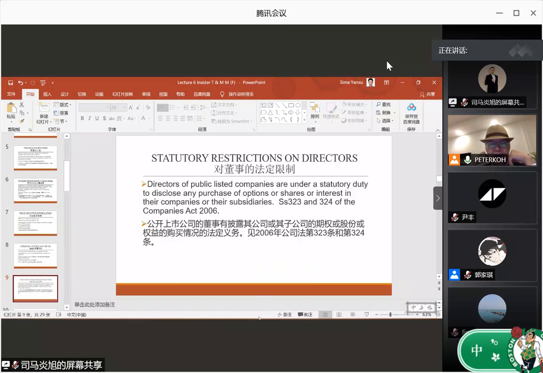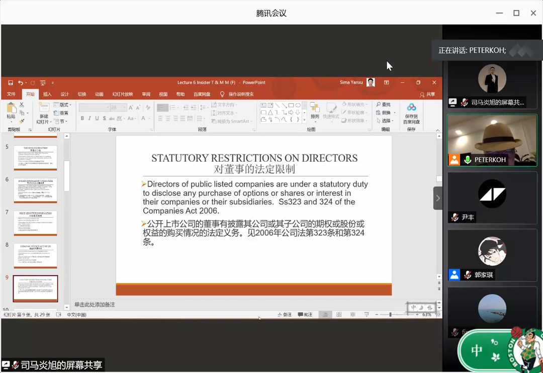Now, we talk about directors. Directors 也有法定的限制. There are restrictions. 上市公司的董事有一个责任，假如是他们对自己公司的股份有兴趣，或想收购自己公司的股份，或上市公司，他们是上市公司的董事，也包括上市公司，包括一切上市公司的子公司。一间大上市公司子公司也许也有100家, right?